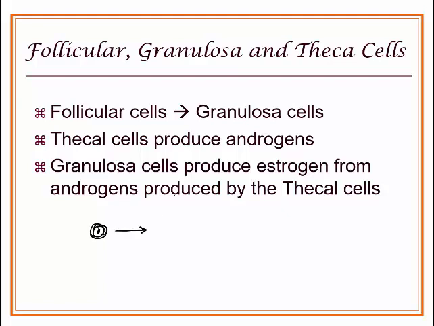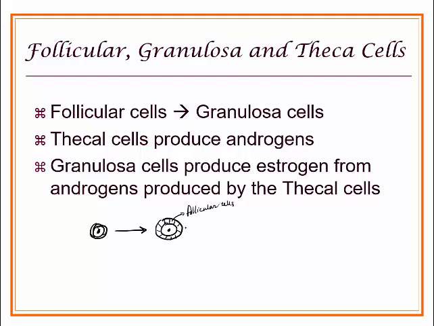Then, once a month, about 10 of those will be stimulated to develop, and the simple squamous cells are going to become cuboidal. So they aren't making more cells. We're not exchanging these cells. The simple squamous cells will stop using the set of genes to be squamous and start using a set of genes to be cuboidal. When that happens, these cells are now called follicle cells or follicular cells.